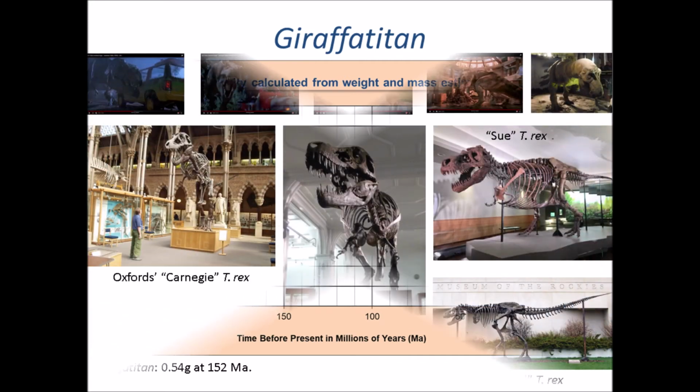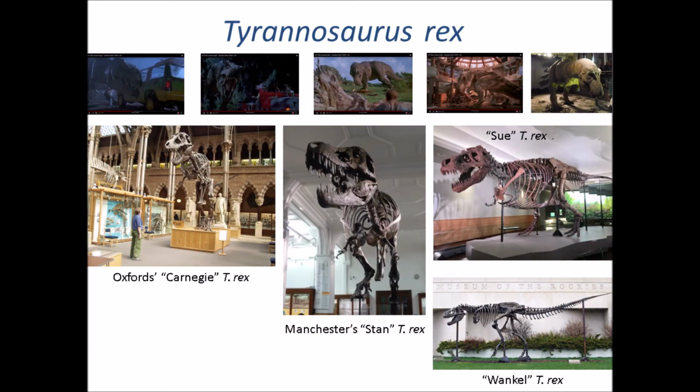The next dinosaur I looked at was Tyrannosaurus rex. There are at least a dozen specimens of T-Rex, and 4 specimens were suitable for paleogravity calculations. The picture on the left-hand side shows me in front of a cast of the Carnegie T-Rex specimen.